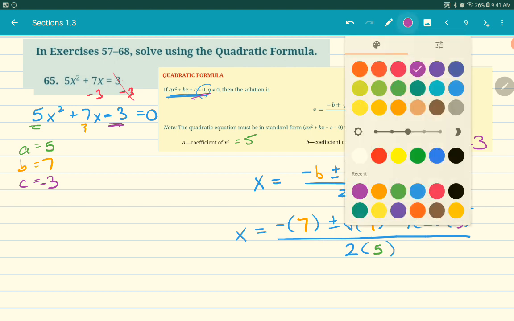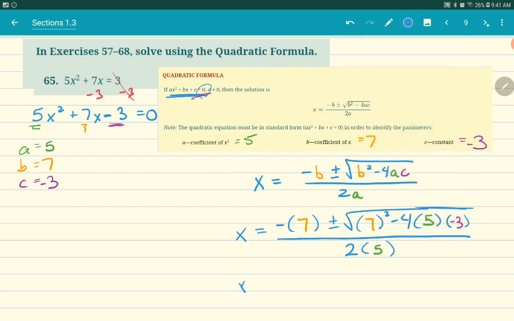All right. And then I get x equals a negative 7 plus or minus square root of 7 squared is 49. And then I have a minus 4 times 5 times the negative 3, so it's minus a negative, so that's going to be a plus. And I get 4 times 5 is 20, times 3 is 60, and 2 times 5 is 10.